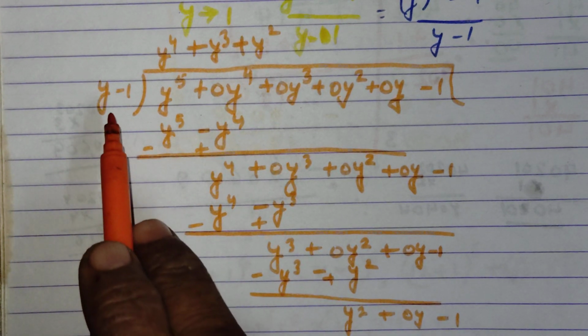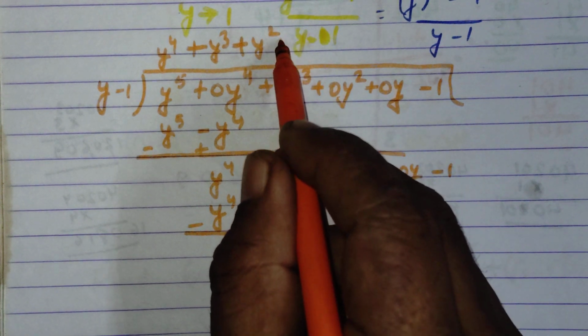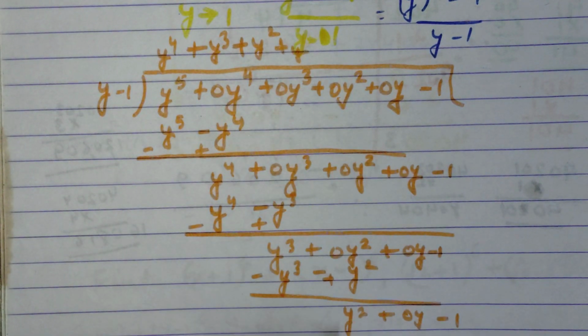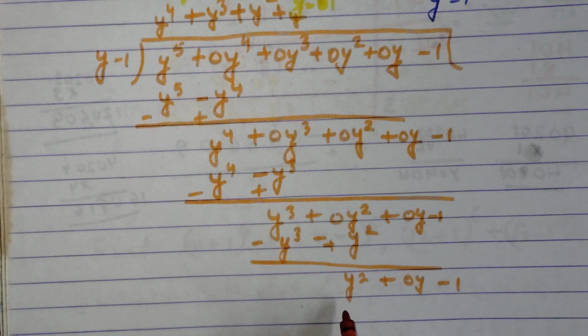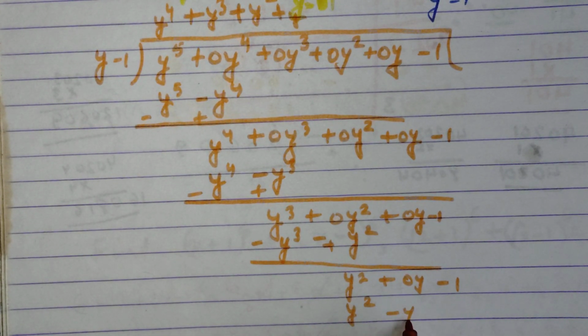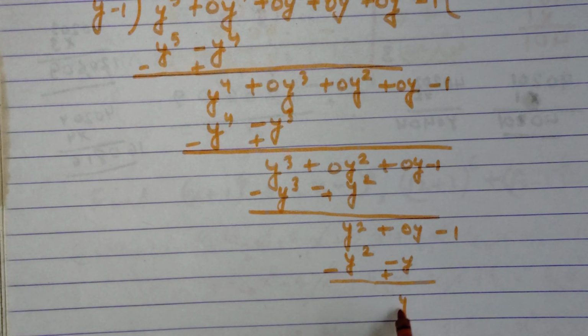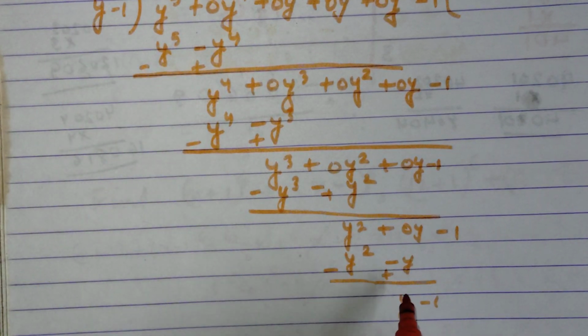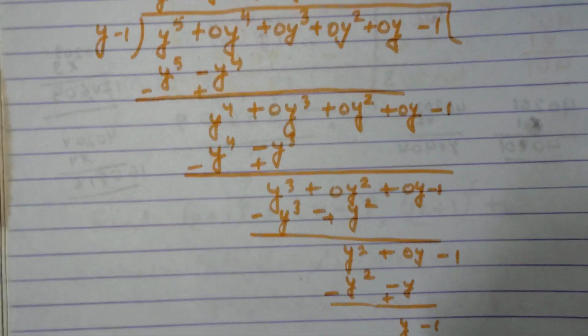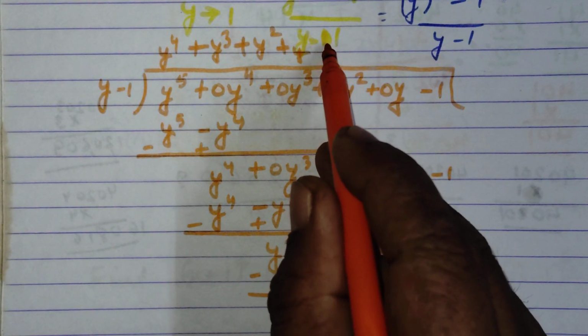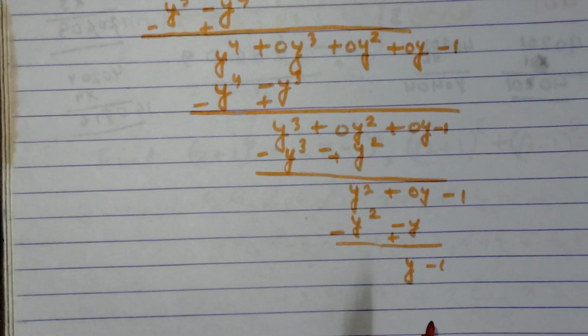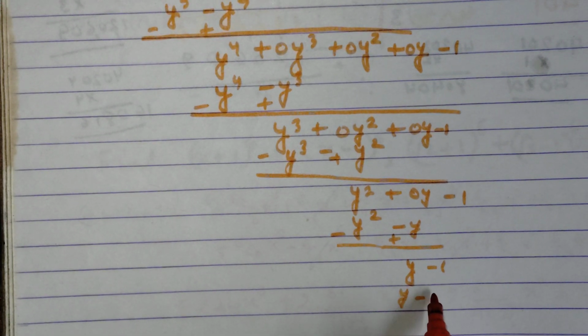Again divide y square by y, we get y. Multiplying by the divisor gives y square minus y, changing the sign and adding, the first term becomes 0 and in the last we get y minus 1. Again y minus 1 divided by y minus 1 is one time, so plus 1 we write down, and changing the sign and adding, it gives 0.